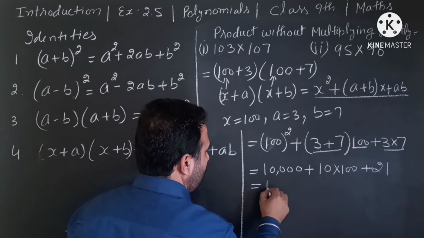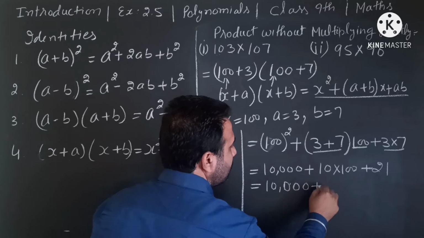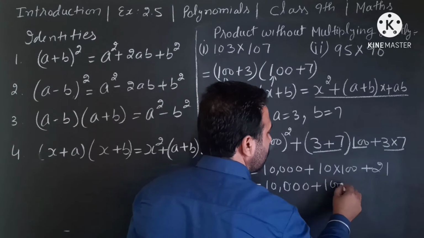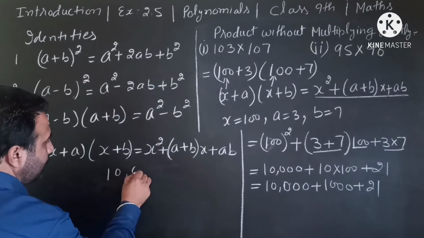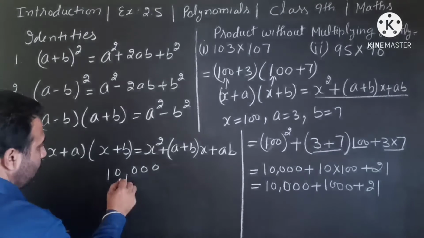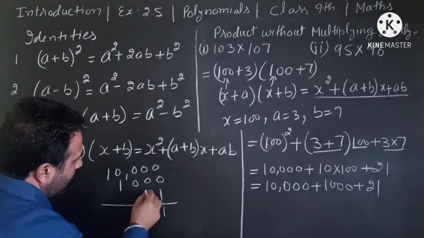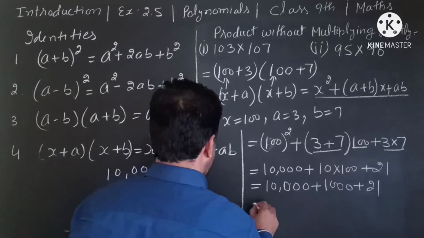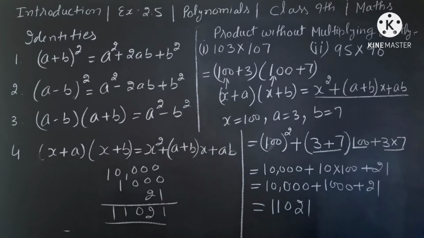Now 10,000 plus 10 multiply 100, that is 1000, plus 21. Okay, now we will add these numbers, 1000 and 21. So our answer is 11,021. Okay.